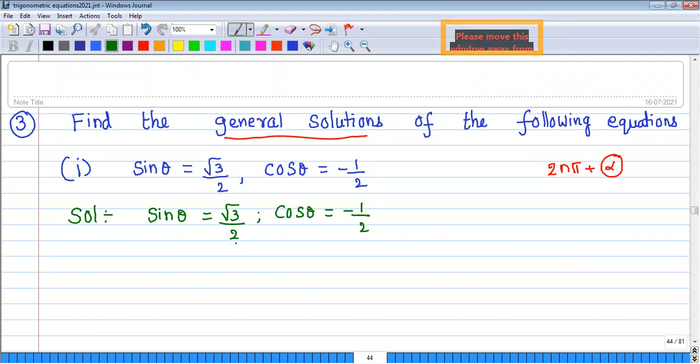Sin theta is positive, cos theta is negative. Using all silver teacups, sin theta is positive, cos theta is negative means it happens only in the second quadrant. So that means theta lies in second quadrant, Q2.